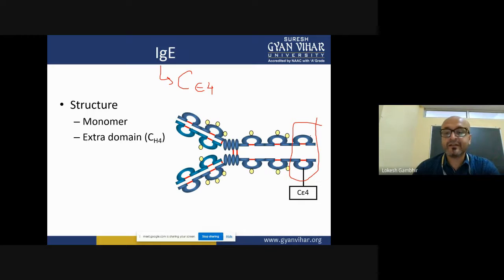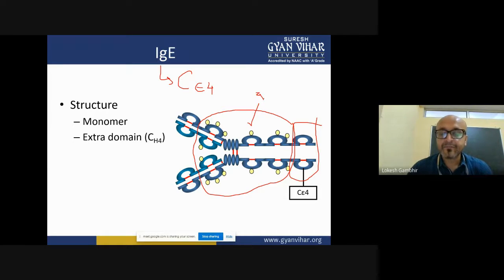There are four domains, and you see the glycosylation pattern is now clearly demarcating how we can identify IgE. It has a similar glycosylation pattern as IgG and IgD. Then it has crossed the variable region, it has crossed the hinge region, and it has managed to cause the glycosylation in the constant region first.